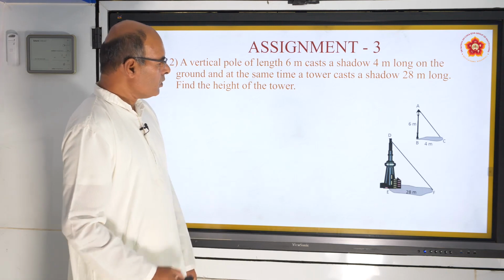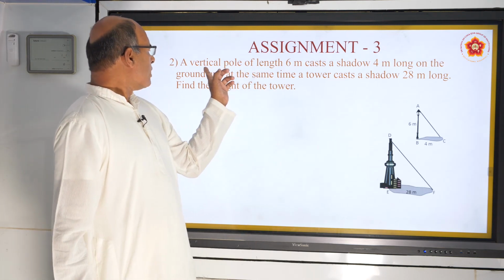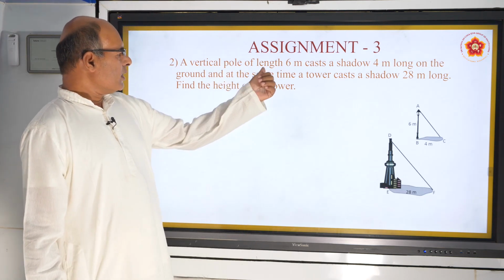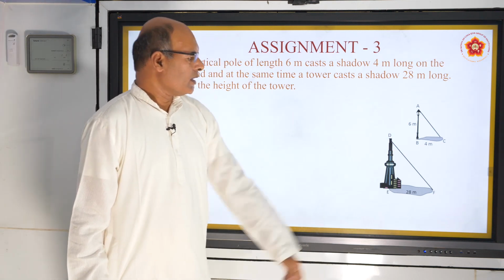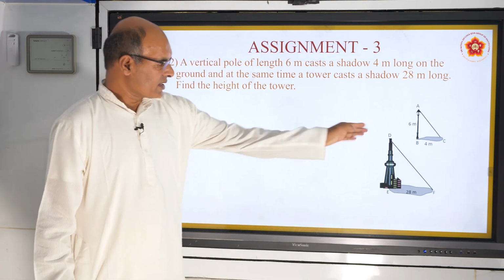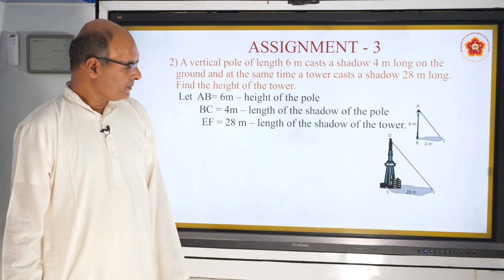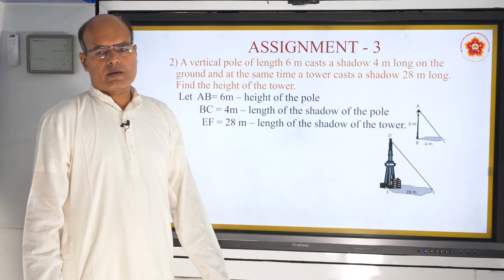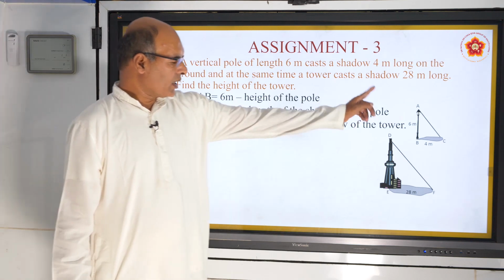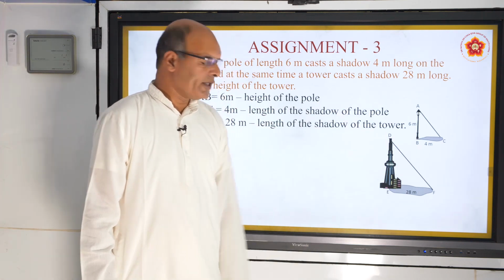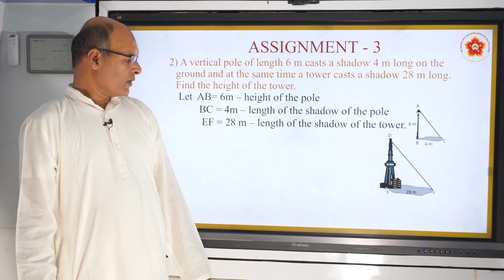So let us assume a vertical pole of length 6 meter. AB is the pole, 6 meter, its shadow is 4 meter, and DE is the tower, its shadow is 28 meter. It is a vertical pole, therefore angle B is equal to 90 degrees here.